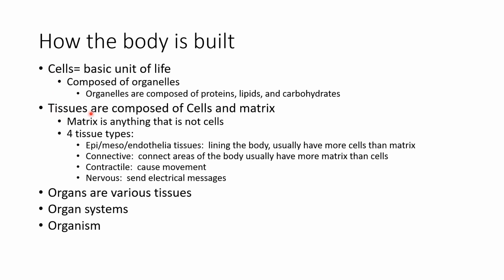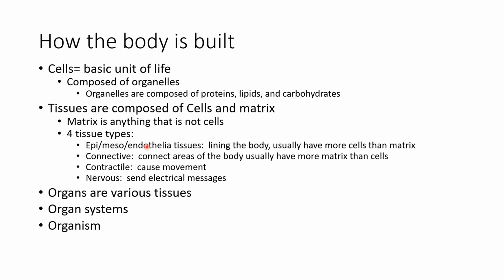Now, there's 4 basic tissue types which have a bunch of other subdivisions. When you are asked what type of tissue it is, usually we're not talking about is it epithelial, connective, contractile, or nervous. We're actually wondering if you can tell us what the tissue is, not just in the 4 tissue types, but in the more specialized one.